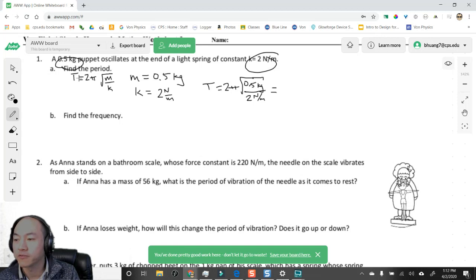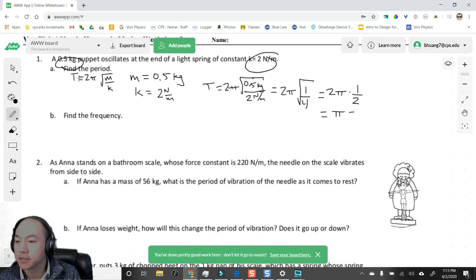The square root of 4 is 2, so the square root of 1/4 is 1/2. So this is 2 pi times 1/2. The 2 and the 2 cancel, and we're just left with pi, which is equal to 3.14 seconds.